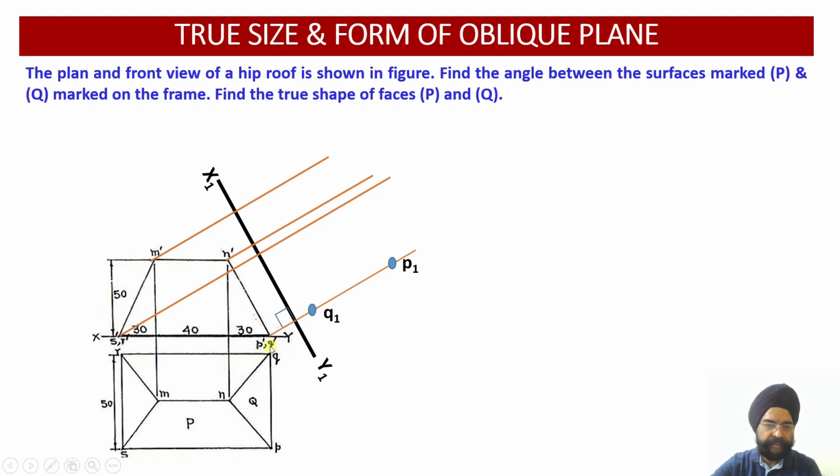Distance of point P from XY is this much. Again using a divider, I can plot this point P1 here. Similarly, distance of point R from XY is this much, so R is plotted. Distance of point S from XY is this much, so S is also plotted.